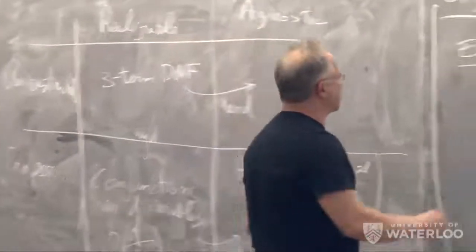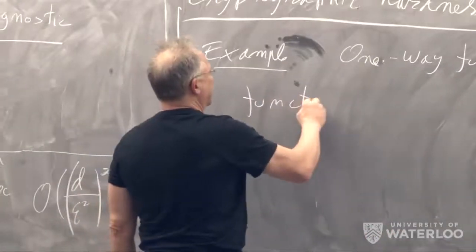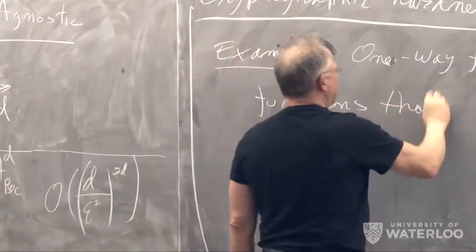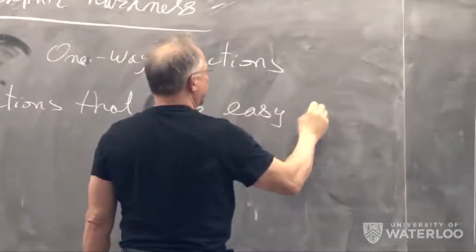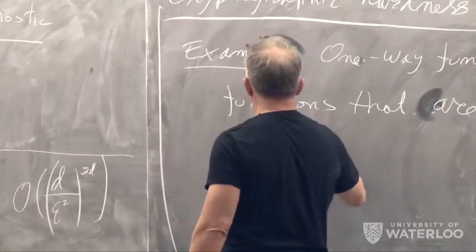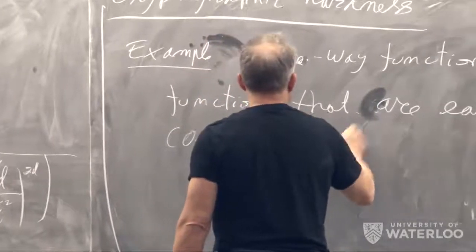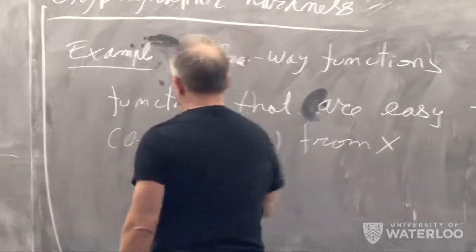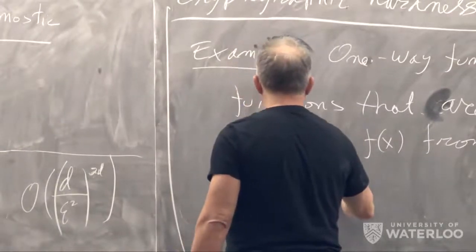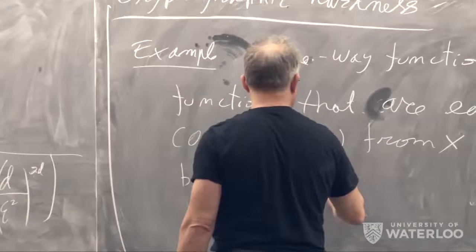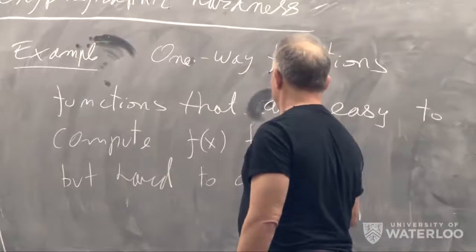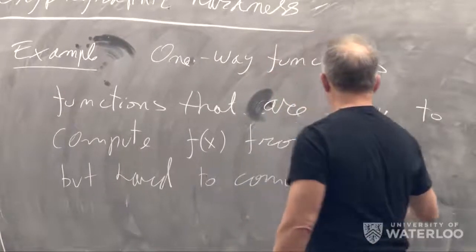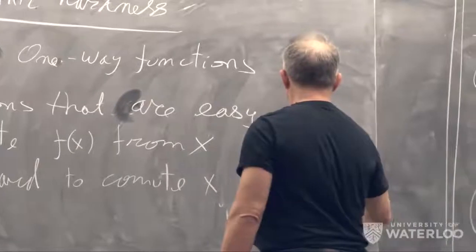One-way functions are functions that are easy to compute f of x from x, but hard to compute in the reverse direction, x from f of x.